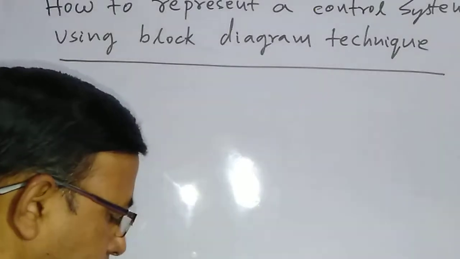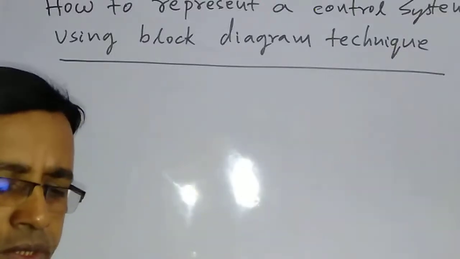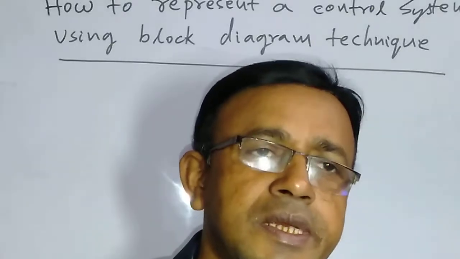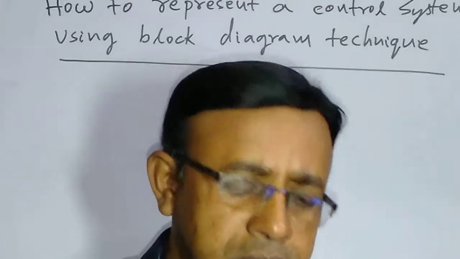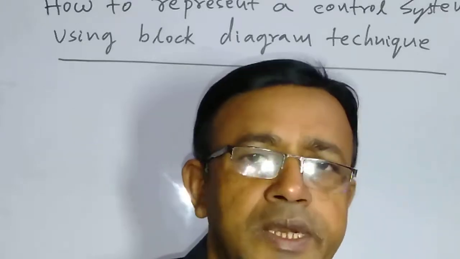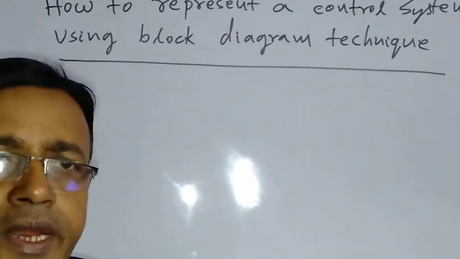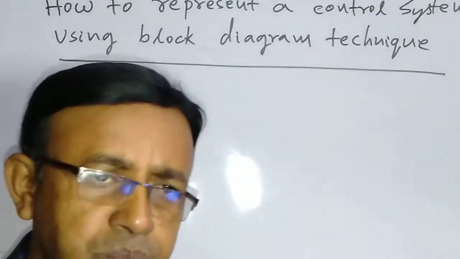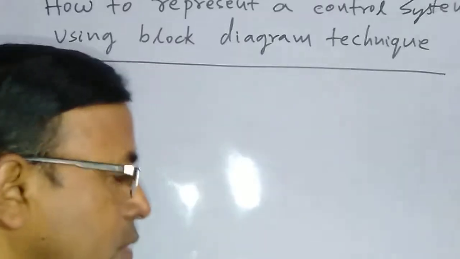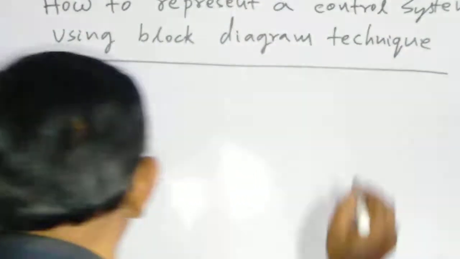So there is a procedure, we have to follow that procedure, then easily we can represent any control system using block diagram technique. So let us follow all the steps, and in simple way we can solve all types of control system using block diagram technique.